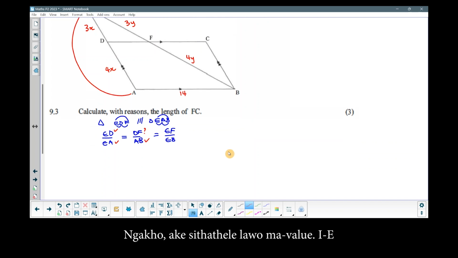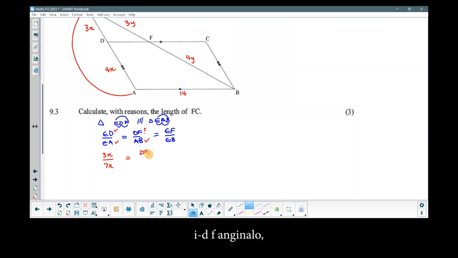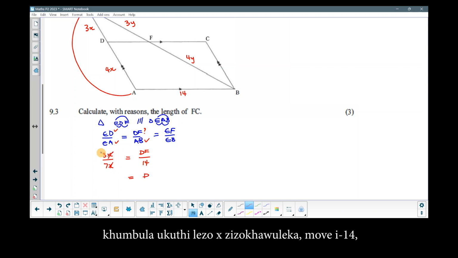So let's substitute those values in. ED was 3x. EA was 7x. DF I don't know, but I do know that AB is 14. So if you work out DF, remember those x's will cancel, move the 14 across, you end up with DF equal to 6 units.